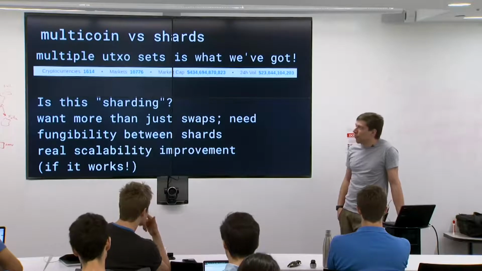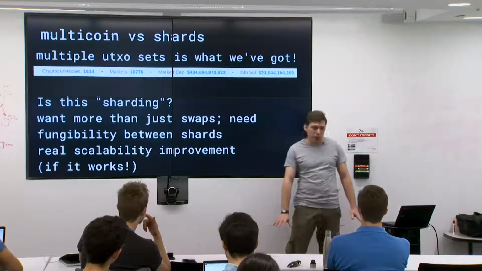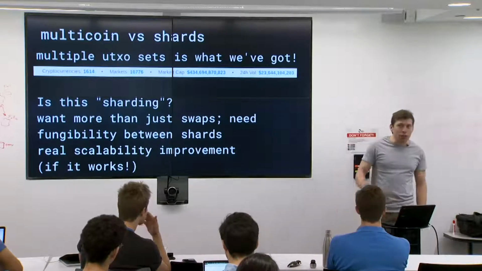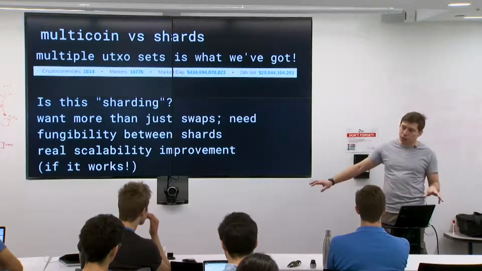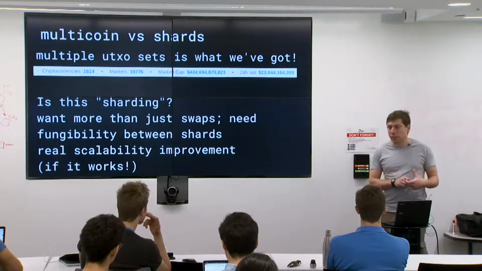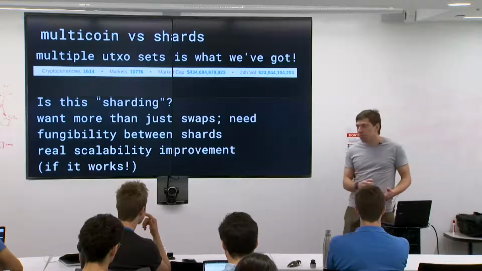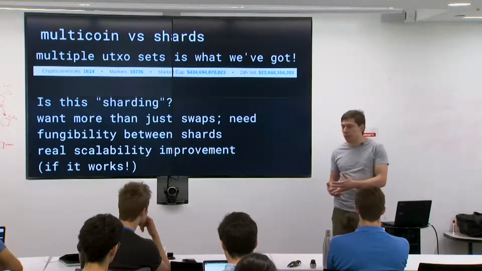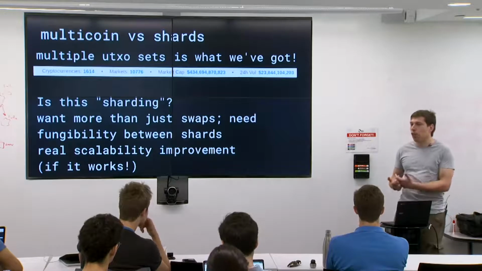A lot of them hinge on fraud proofs. So the idea is you've got, say, 5 different chains going along, and you don't validate the other 4. You say, I'm going to only validate this one. There's 4 others going on. And if in my chain something bad happens, like a transaction with an invalid signature gets confirmed, or a transaction has more coins coming out than going in, something like that, you provide a small fraud proof.